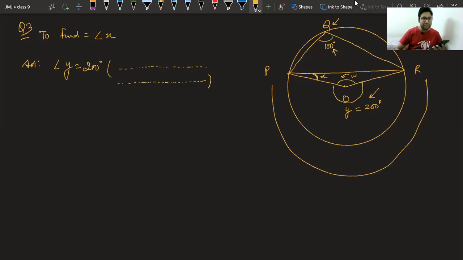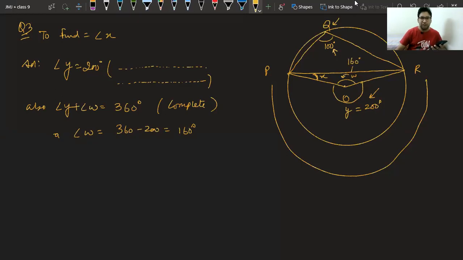Yes, we can say angle Y plus angle W is equal to how much? 360 degree, because they are forming a complete angle. So the value of W is how much? W is 160. Yes, it is 360 minus 200, 160 degree. So we have found this also.